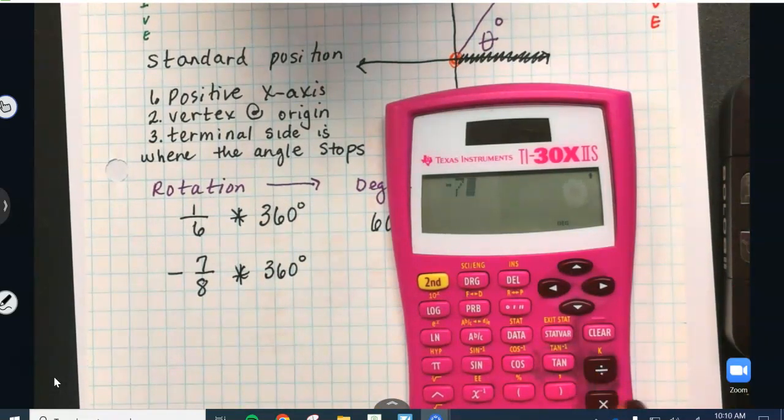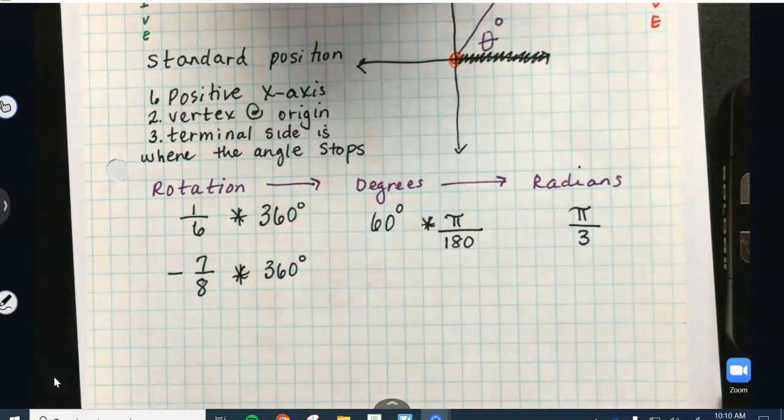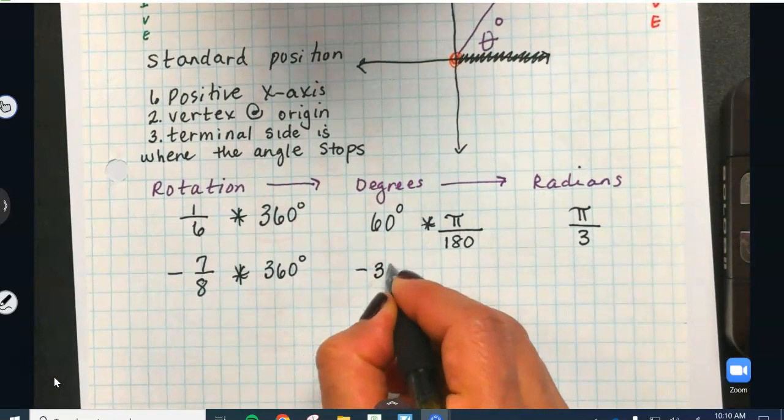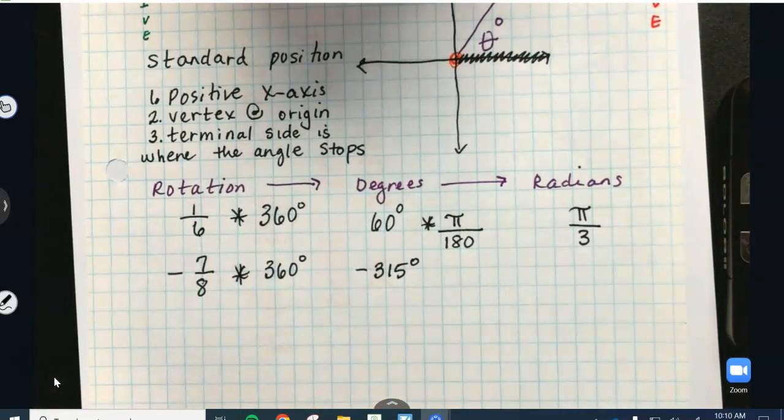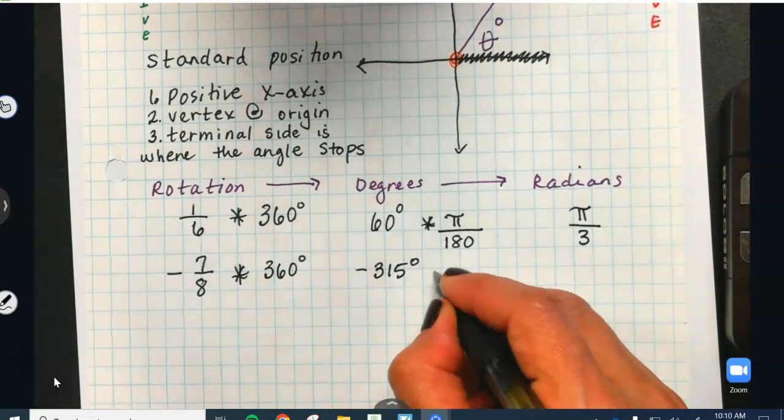Negative 7 times 360. Then we're going to divide that by 8. It turned out to be a nice number. I got lucky. That is going to be a negative 315 degrees. Let's multiply that by pi over 180 and we'll get our radians.